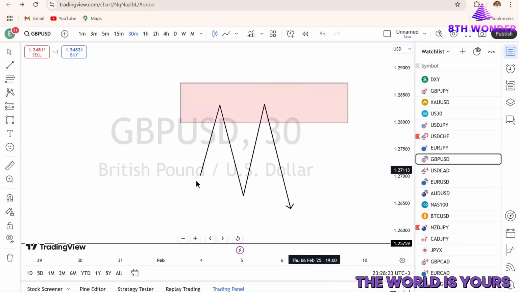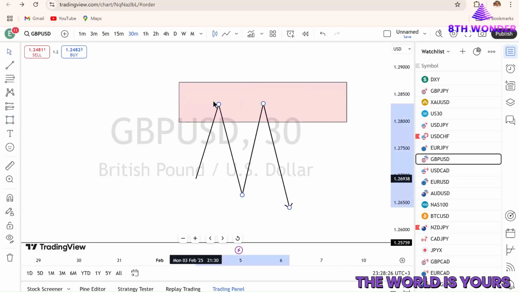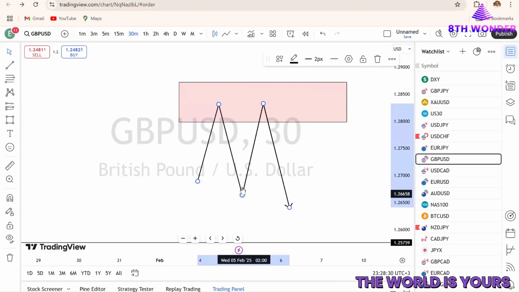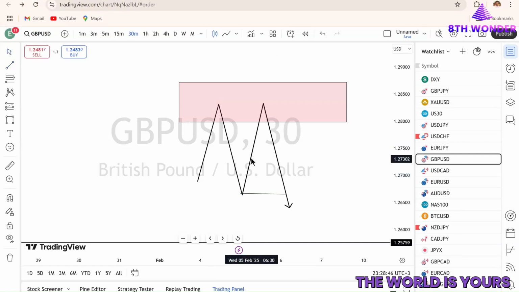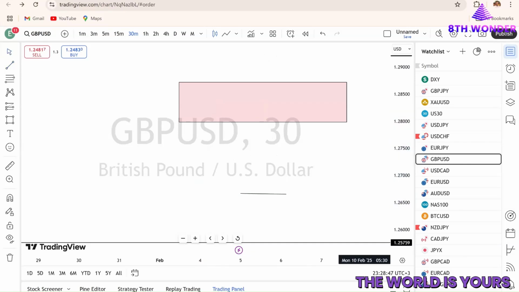Wait for the market to enter the zone like this, then it comes out like this and enters again and comes out and makes a break of structure. Make sure you see something like this. Let me do this to keep it simple, because this is where people get complicated.